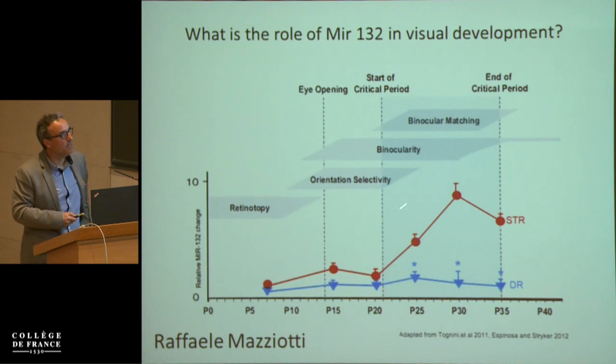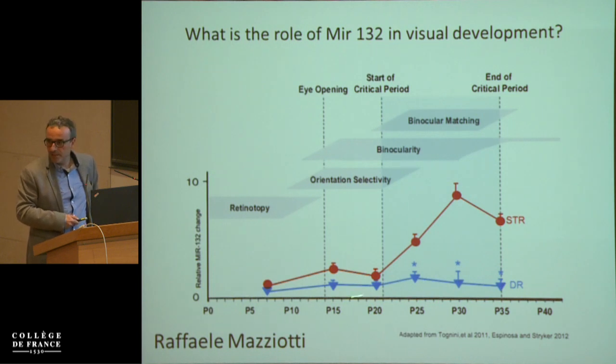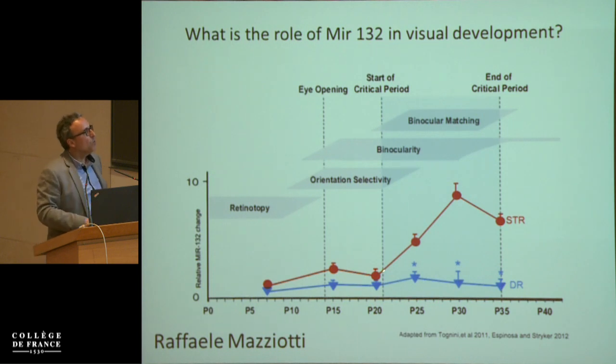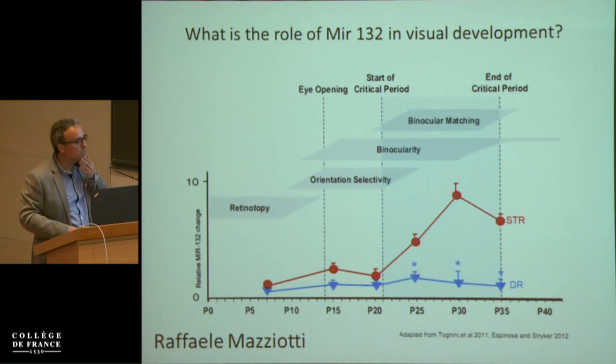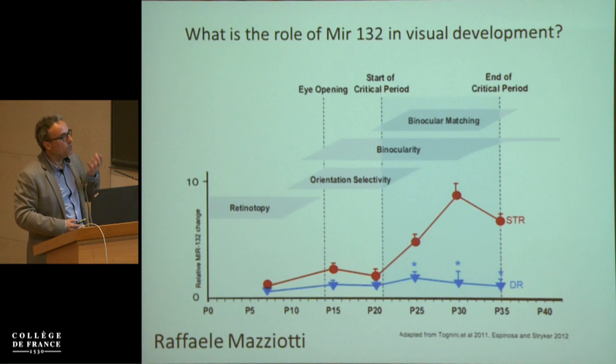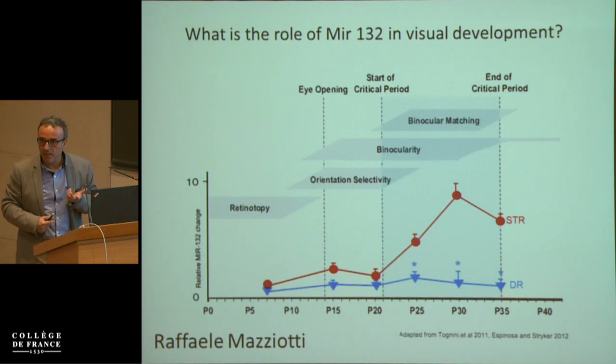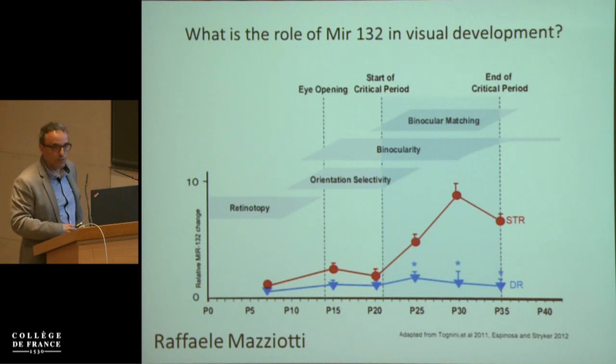And it's interesting that this is not genetically programmed, because if you analyze dark reared animals, you see that it stays flat. So what happens in coincidence with this rise in terms of visual cortical neuron functioning? That, of course, would be a logical candidate for a functional role of MIR132.